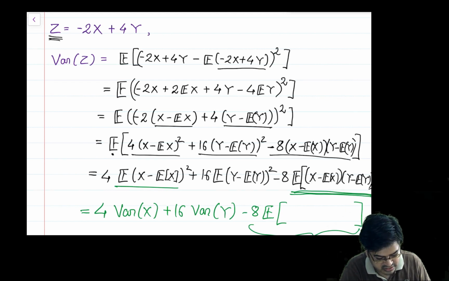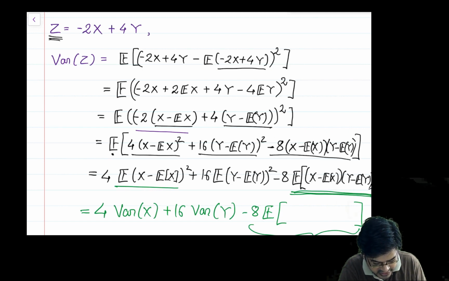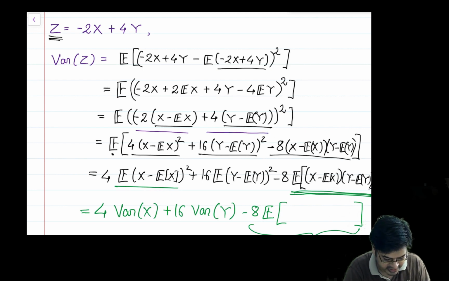Alpha was minus 2, beta was 4, and therefore I got alpha square times variance of x plus beta square times variance of y, and in this case 2x, 4y. This is actually a split for alpha x minus expected value of x, beta y minus expected value of y.